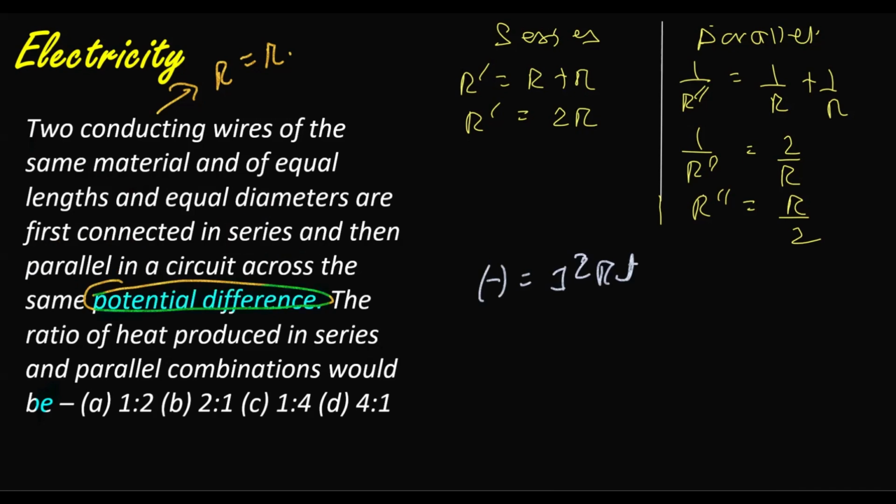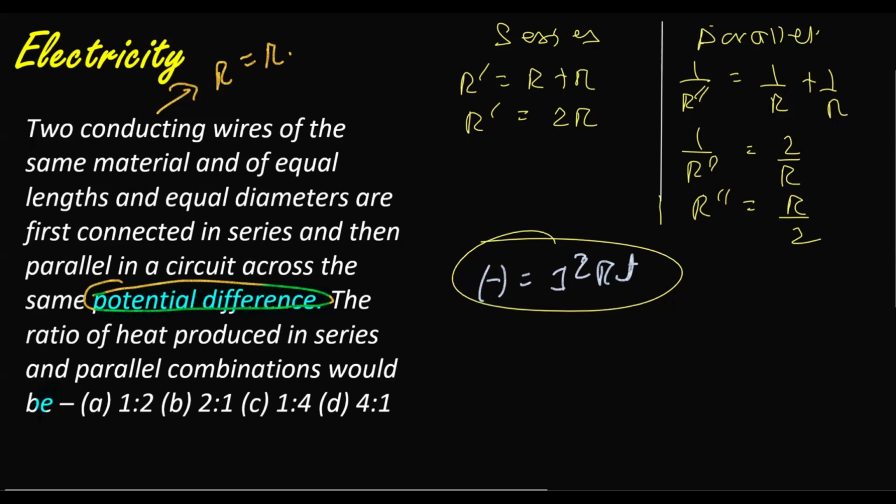We can use this relation only when the current is same. So instead of this, I'll be using H is equal to V square over R into T. So this is what we need to get here.